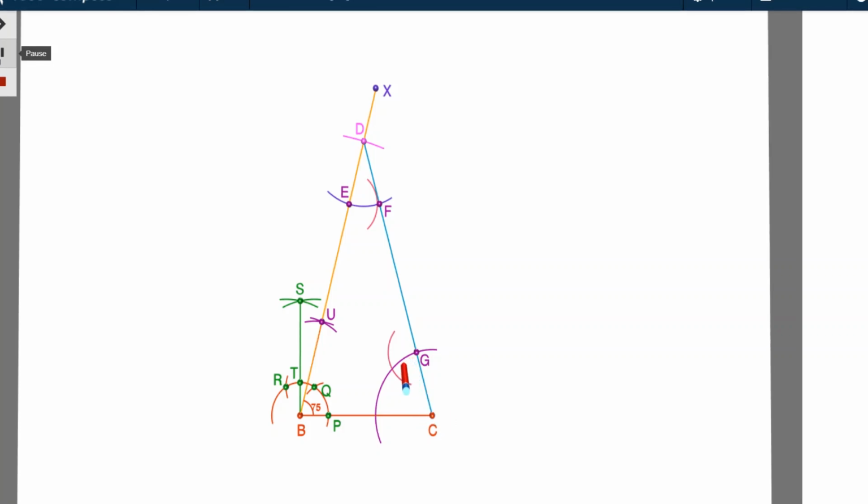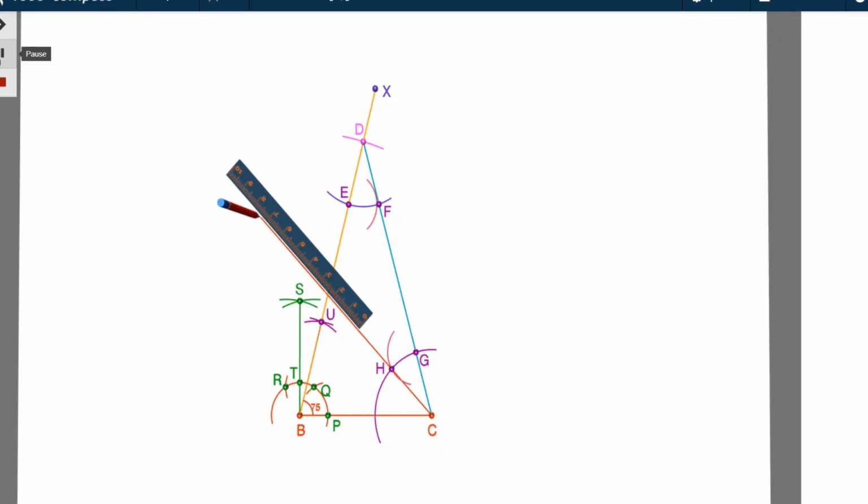And mark that point as H. That is very important, this point H. Now join CH and extend to whatever distance you want.